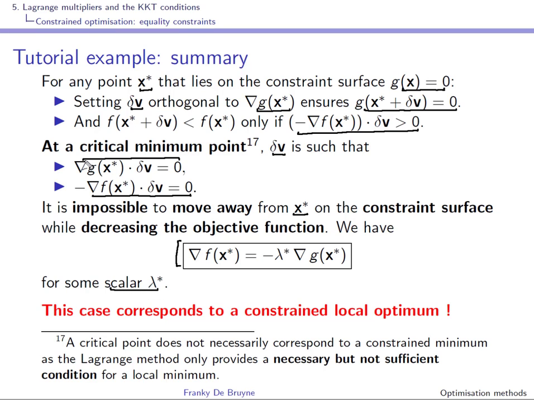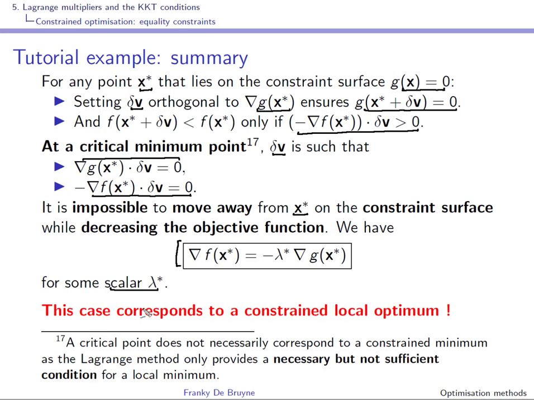Of course, you can also have a critical maximization point, right? In our tutorial example, the critical minimum point was a global constraint minimum, whereas the critical maximization point was a global constraint maximum, right?